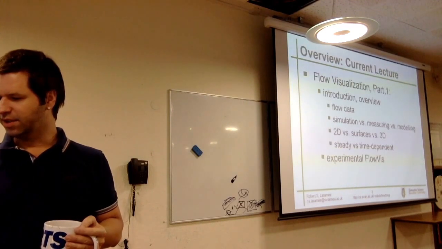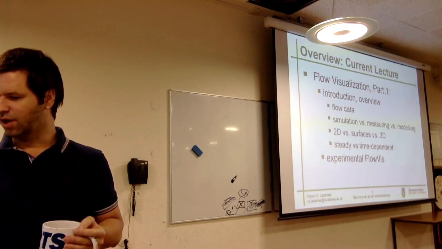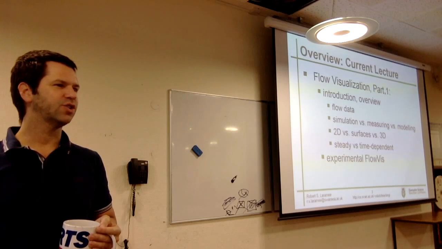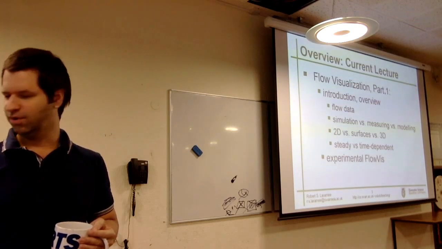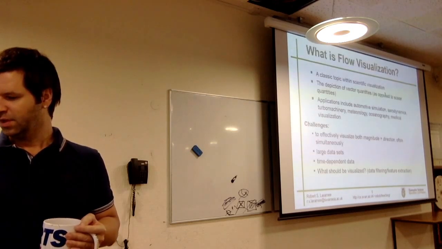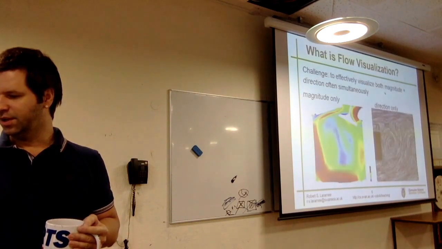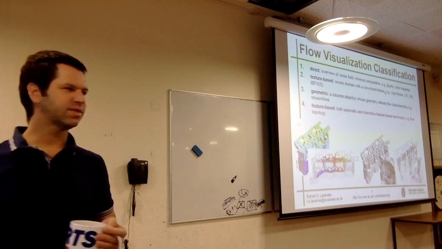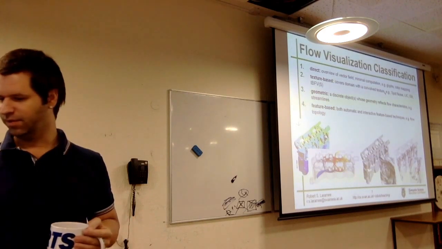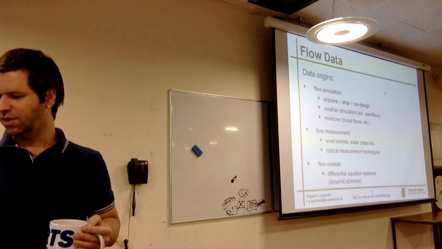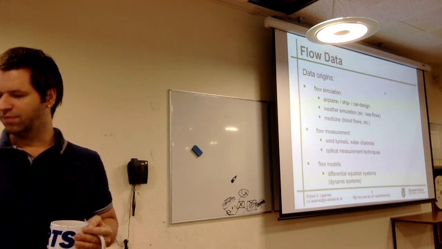So last time we started to talk about flow visualization. We changed topics from volume visualization to flow visualization. Right? We talked about what it is, magnitude versus direction, these different subcategories of flow visualization. That the data comes from simulation, flow measurements.